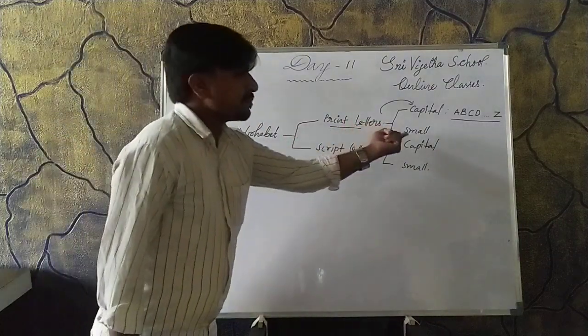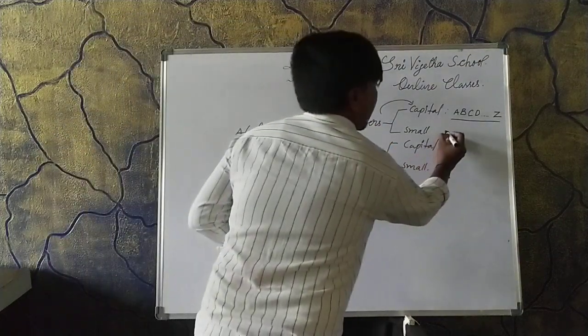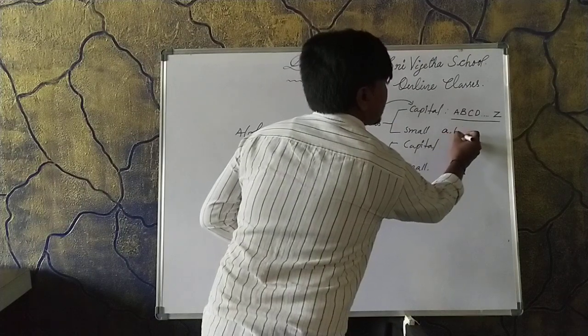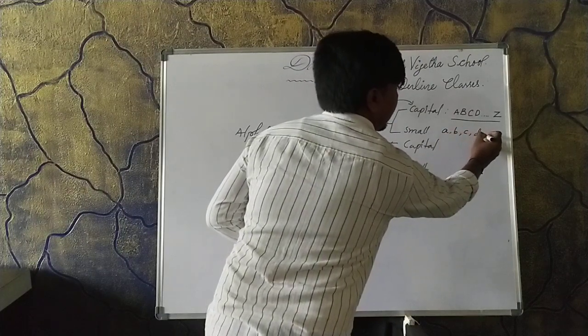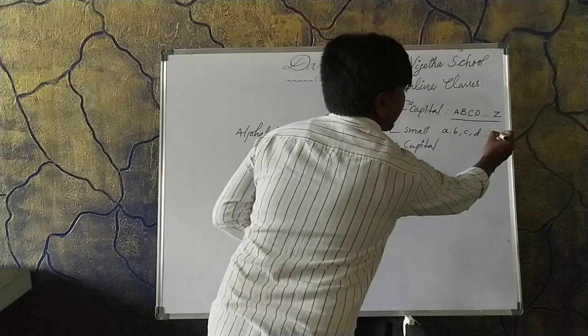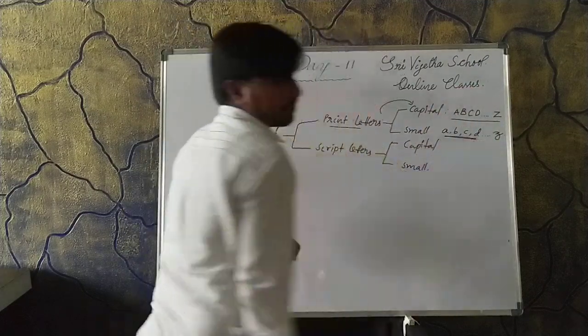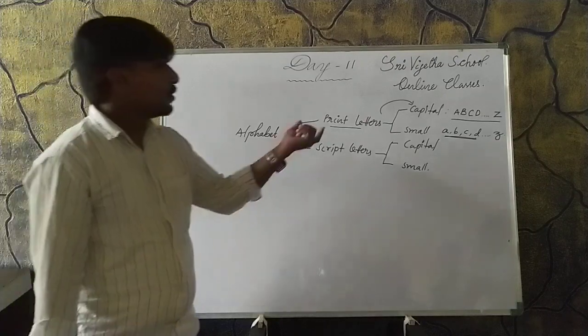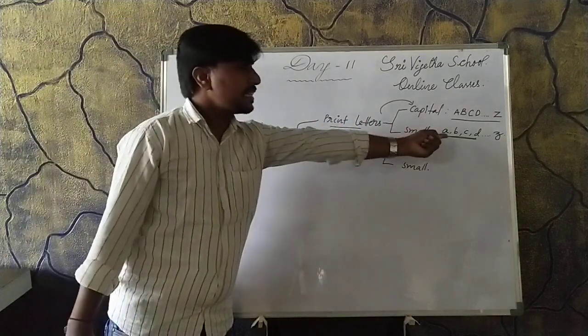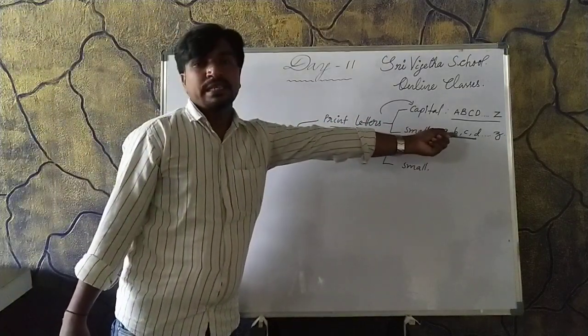And small letters, look here: a, b, c, d up to z. We can see these in our textbooks. Yes or no? These are print small letters.